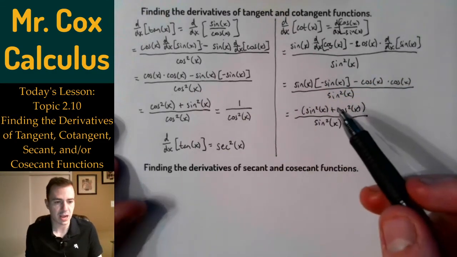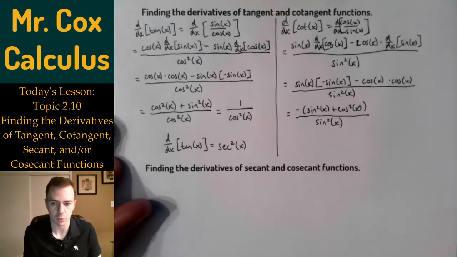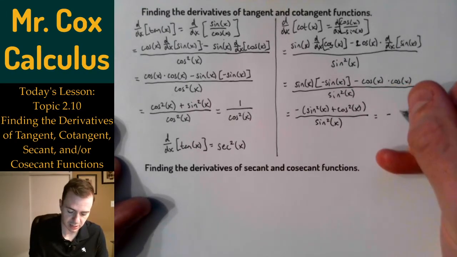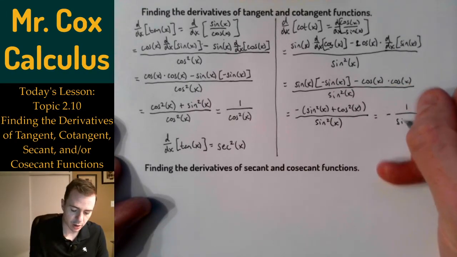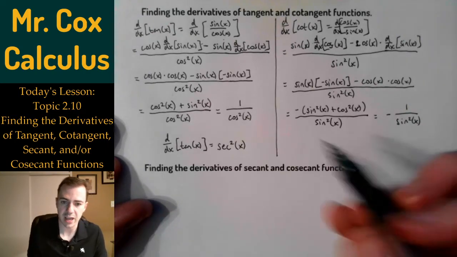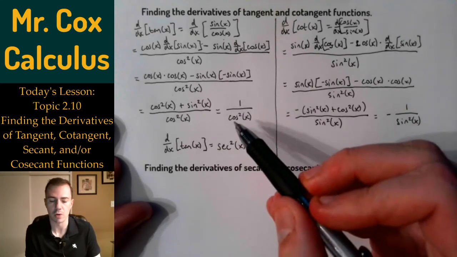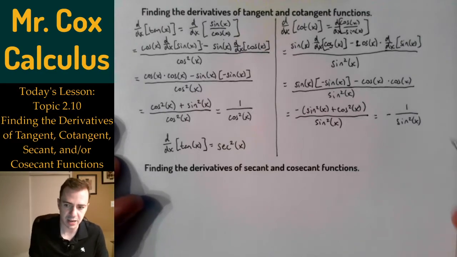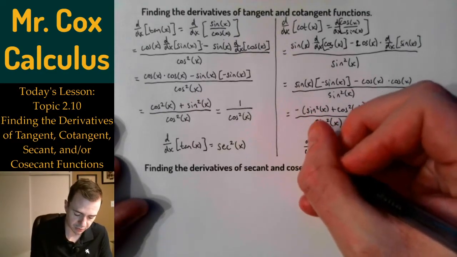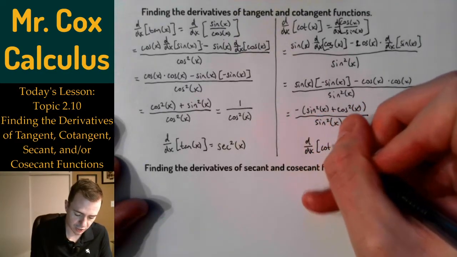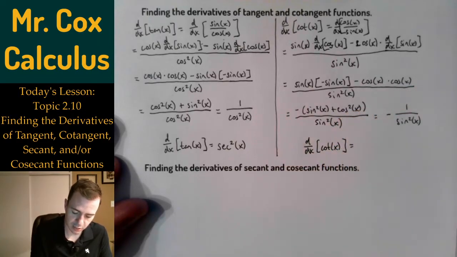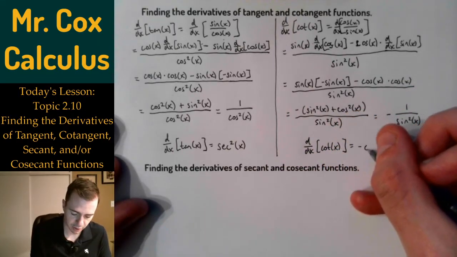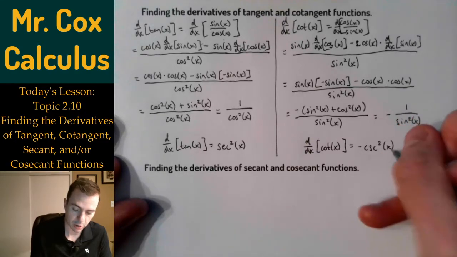In this grouping, I now have what I can replace with 1 using the Pythagorean identity, and this is negative 1 over sine squared of x. And just like over here, how we wrote 1 over cosine squared, we're going to write the negative 1 over sine squared and say that the derivative of the cotangent of x is equal to negative cosecant squared of x.